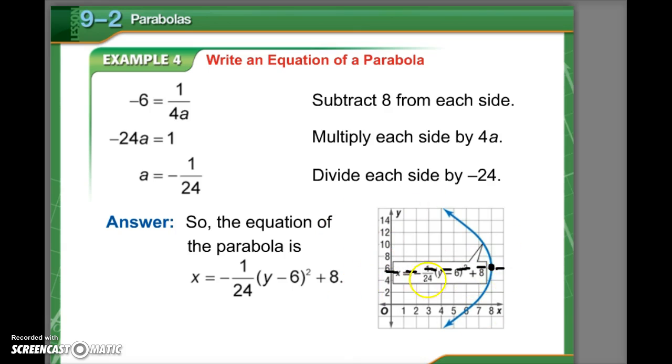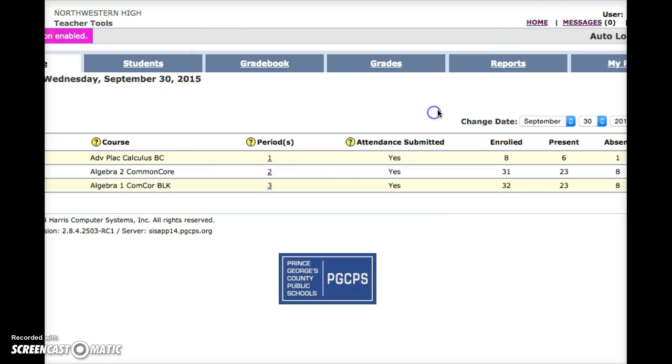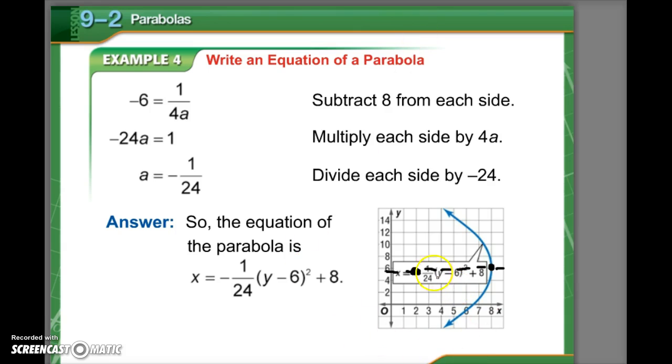So that's what our graph looks like. The focus (2, 6), that's over here. Every point on this parabola is equidistant from that focus and the directrix, which would be way over here somewhere.